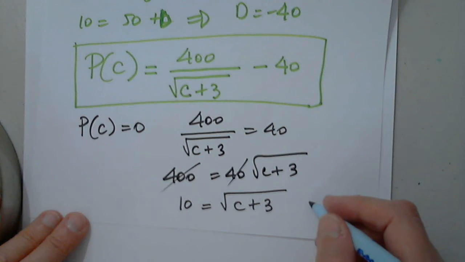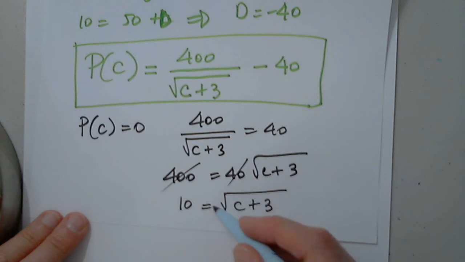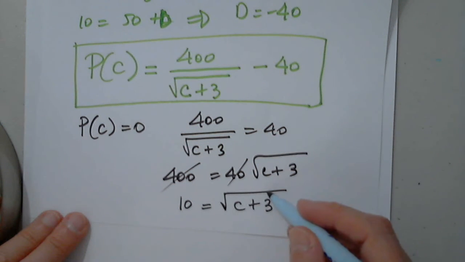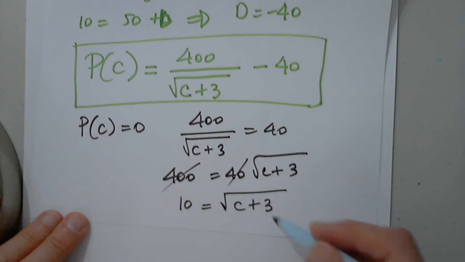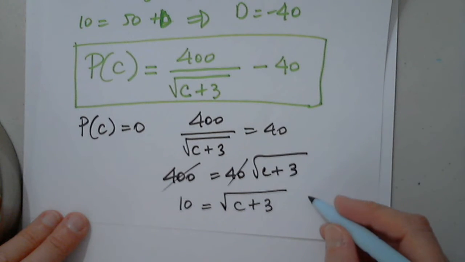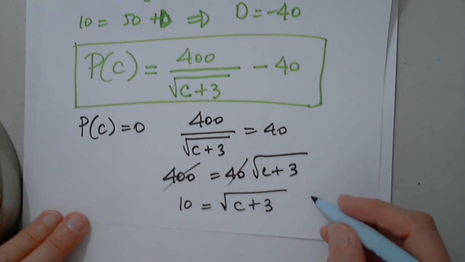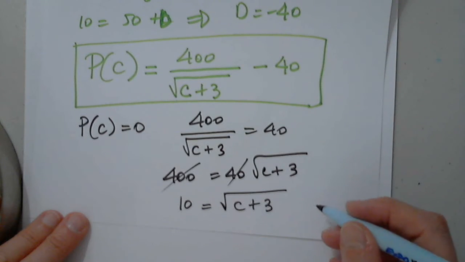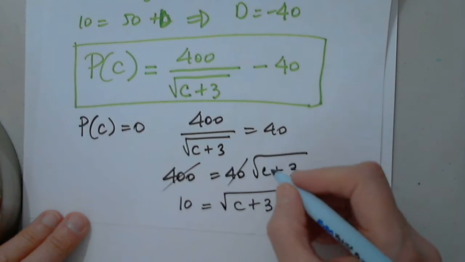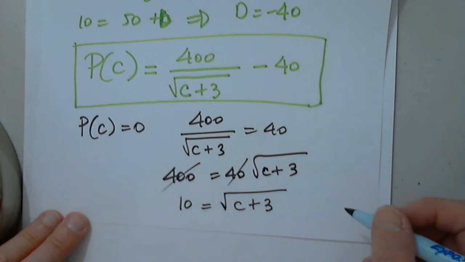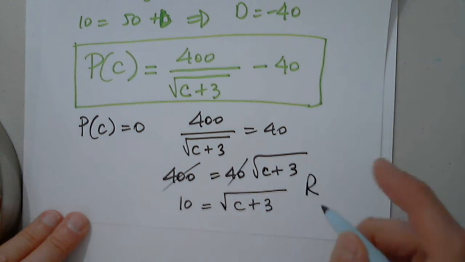Anyone? Okay, let's read it again. 10 equals the square root of c plus 3. What do you think? Anyone? Is it rational?